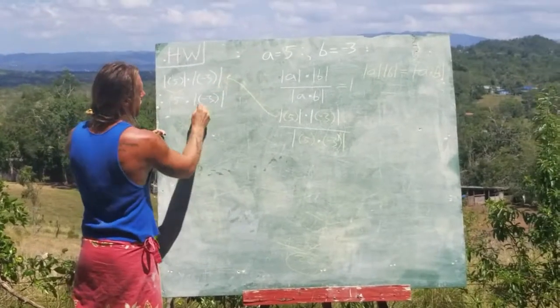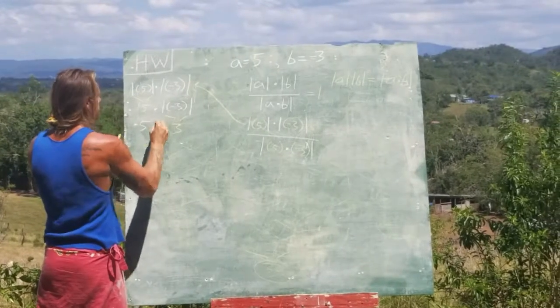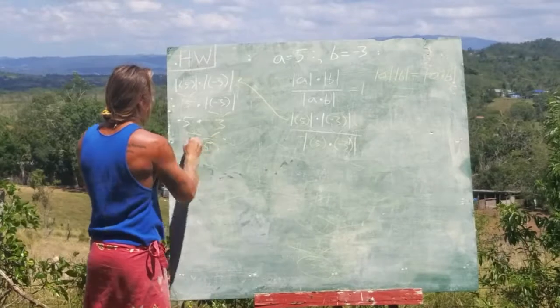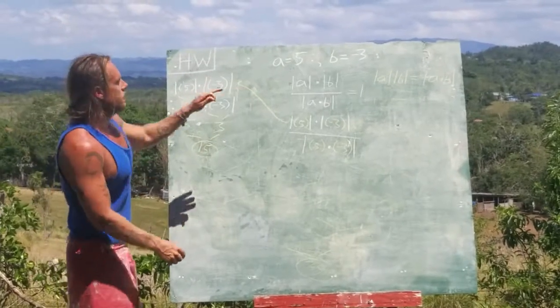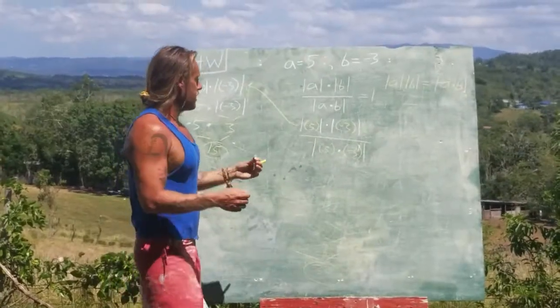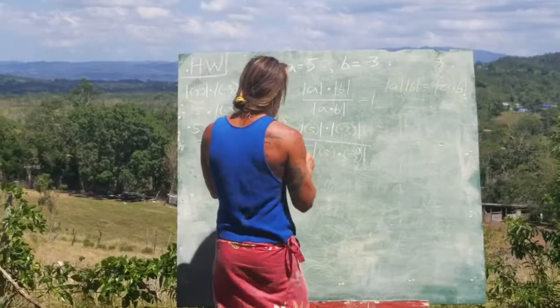The absolute value of -3 is 3. 5 times 3 is 15. So our numerator is 15, so our bottom should be 15 if we were correct in our initial judgment. So let's work with the denominator.